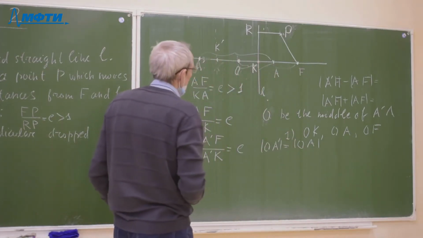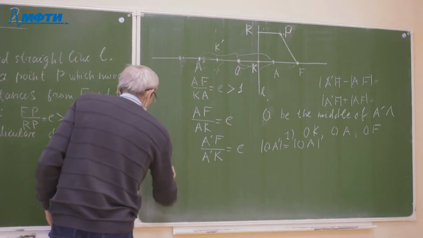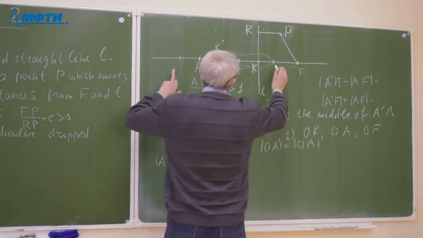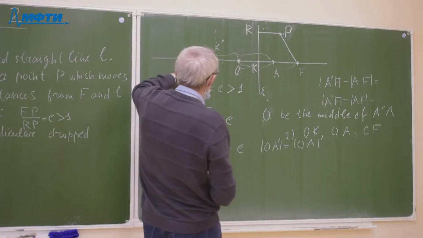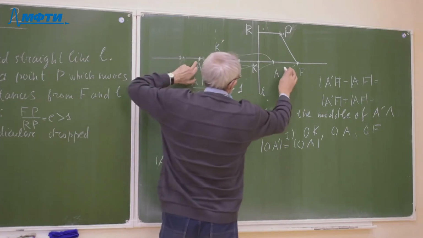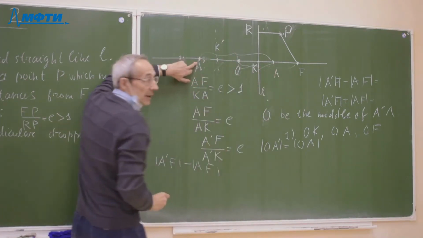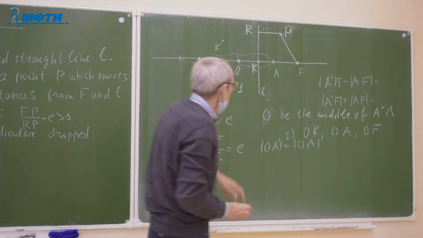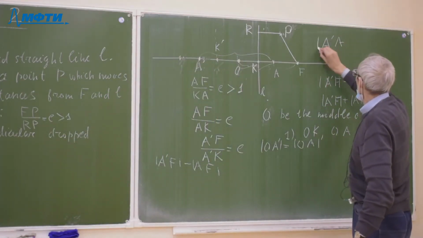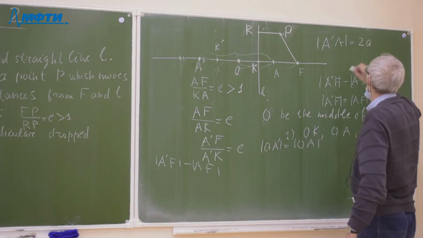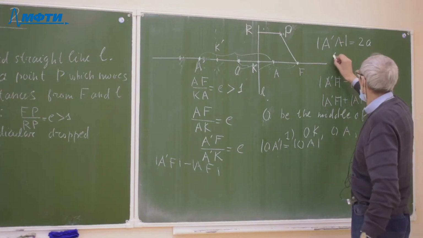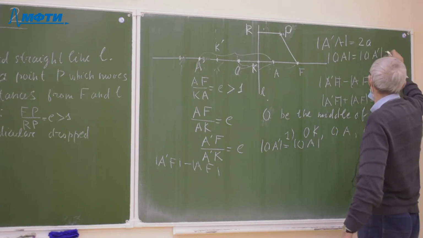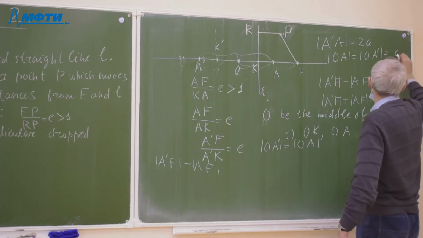It is easy to see that this difference is exactly equal to the distance between A prime and A. We can suppose that the distance A prime A is equal to 2a, so that the distances OA and OA prime are equal to a.